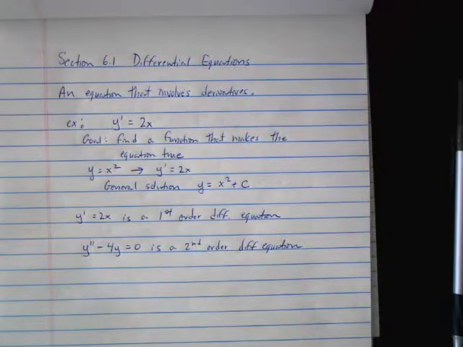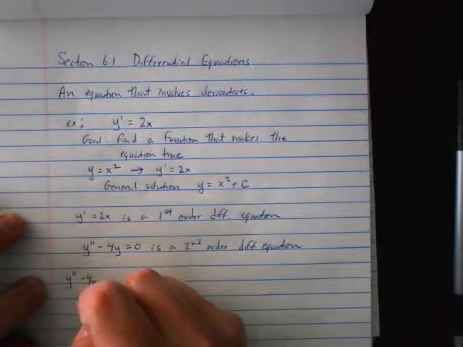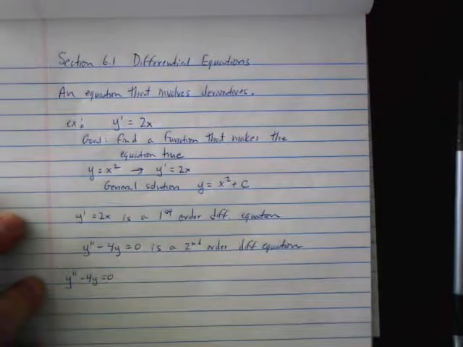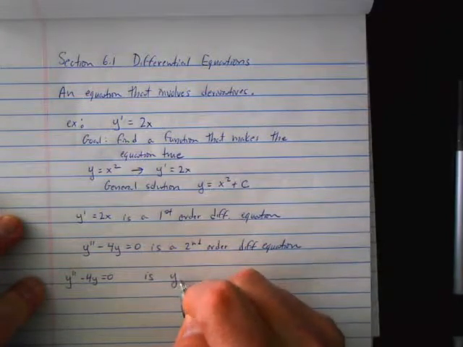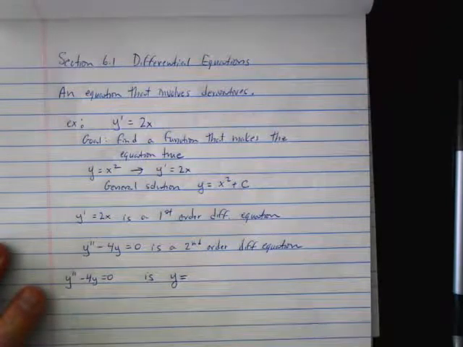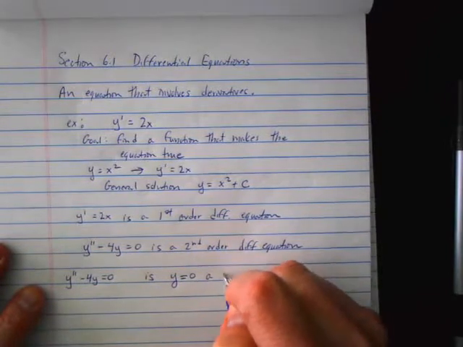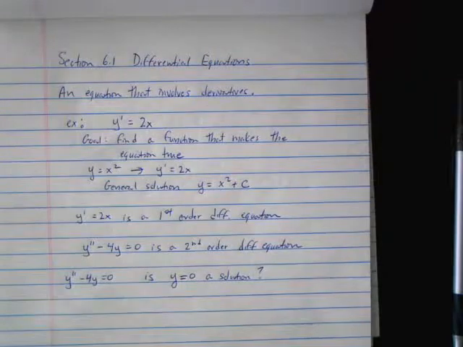All right, so a typical homework problem you're going to see, you're going to be given a differential equation, y double prime minus 4y equals 0. And you might be asked, is y equals, oh, I don't know. Anybody want to take a guess at what the answer to that differential equation might be? Is y equals 0 a solution? Yes or no?